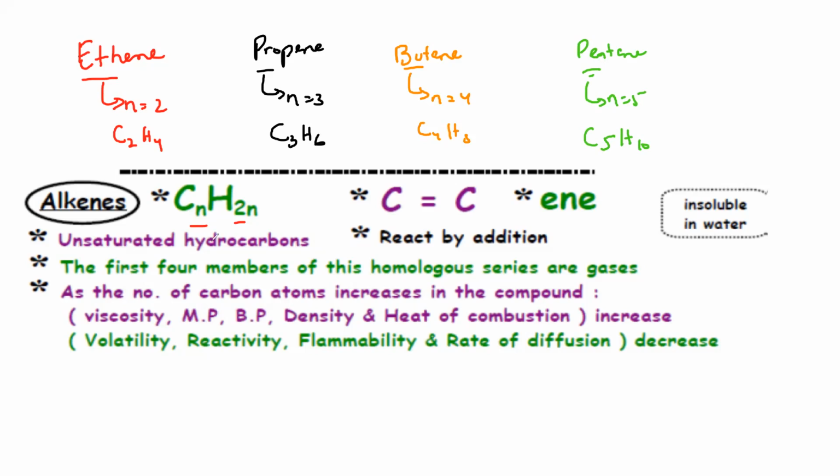These are unsaturated hydrocarbons. Remember, alkenes have another name: we call them unsaturated because they have a carbon-carbon double bond. And their reactions are addition reactions. What is the meaning of addition reaction? In an addition reaction, two or more reactants form only one product.